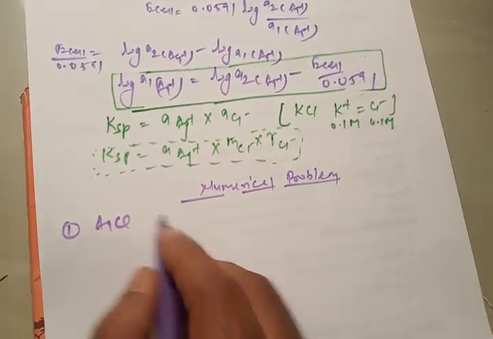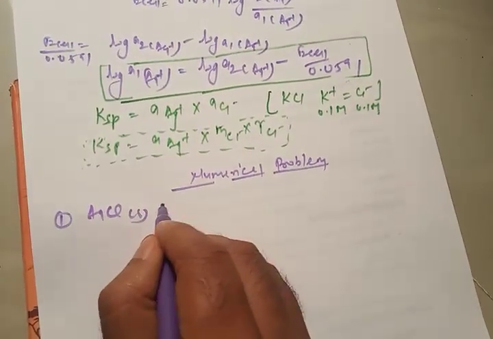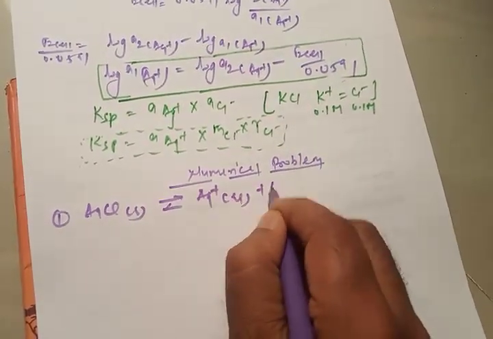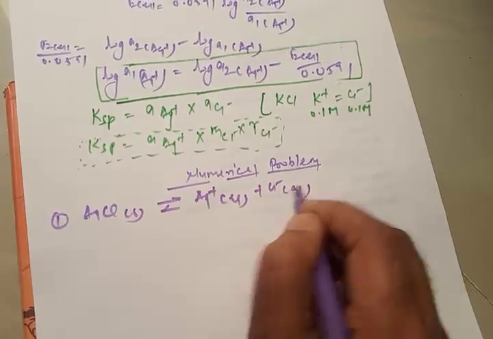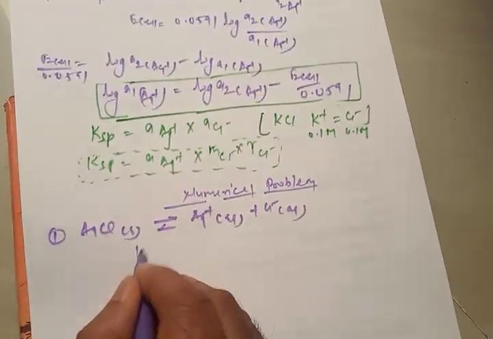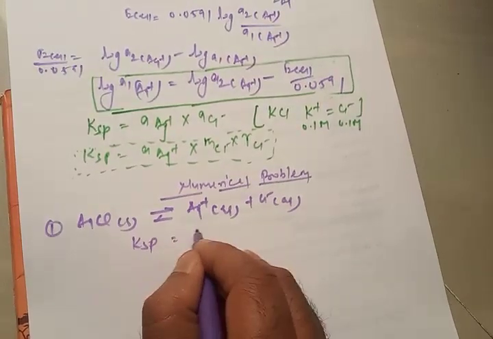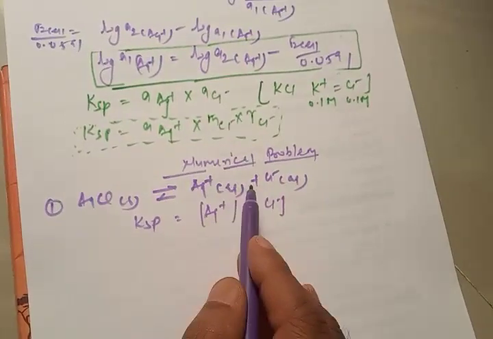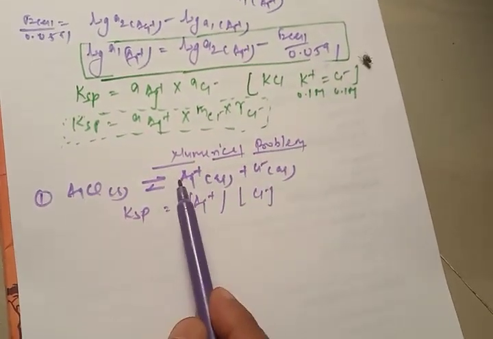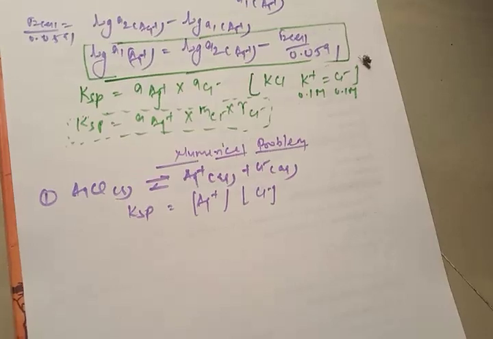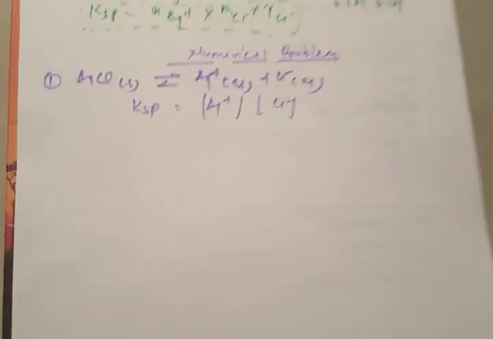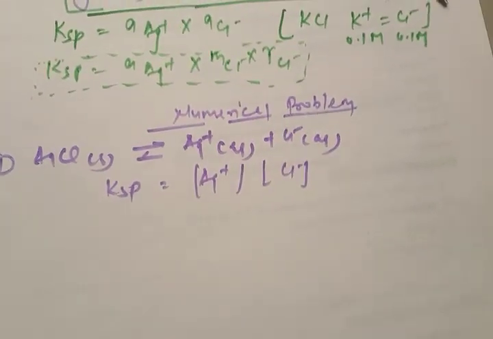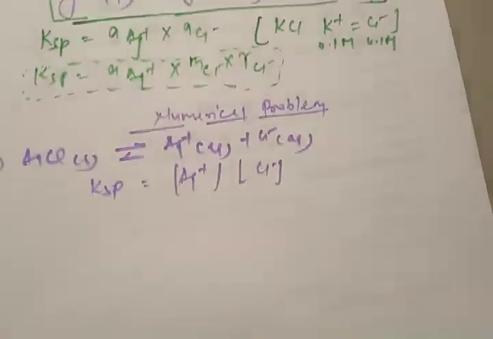For AgCl, this is the solid, and this will give you Ag ion aqueous and chloride ion aqueous. So the Ksp, the solubility product, equals what? Ag ion and chloride ion, because we have no coefficient here, we have 1 and 1 on both sides, so no need to raise the power. So if you have the values of the Ag ion and chloride ion, you can find out the solubility product.